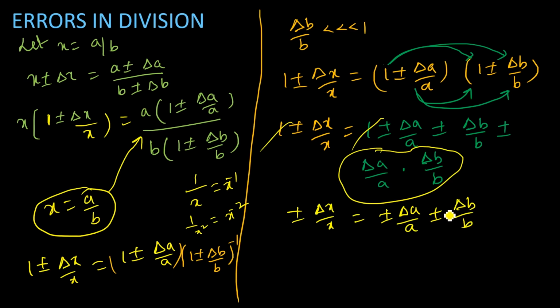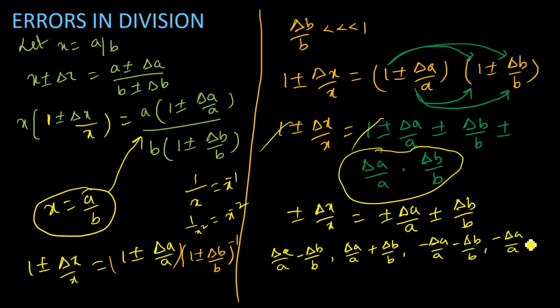So the possible values, as you already know: the maximum value of delta x by x is delta a by a minus delta b by b, delta a by a plus delta b by b, minus delta a by a minus delta b by b, minus delta a by a plus delta b by b.